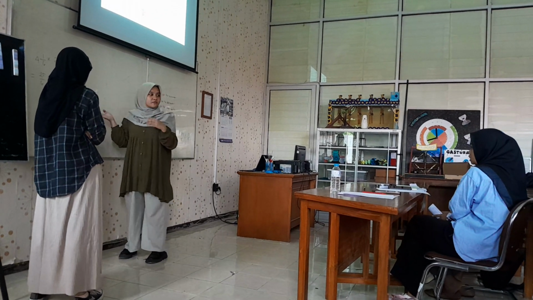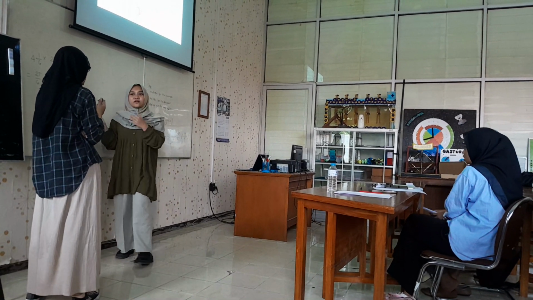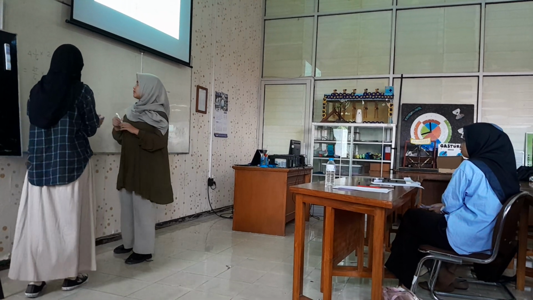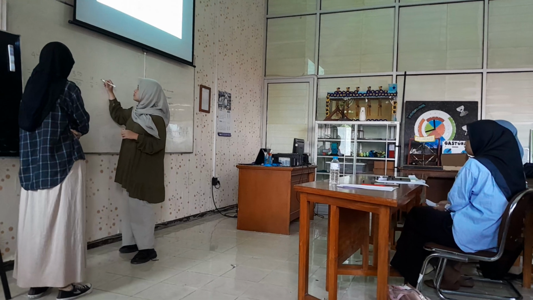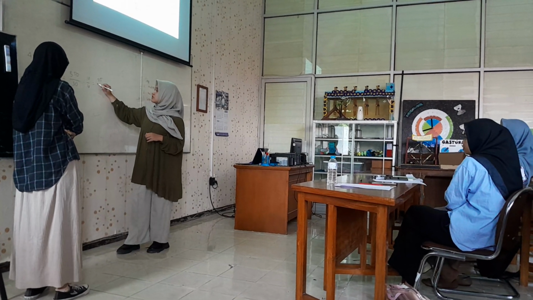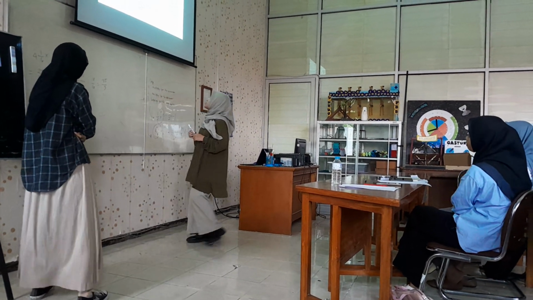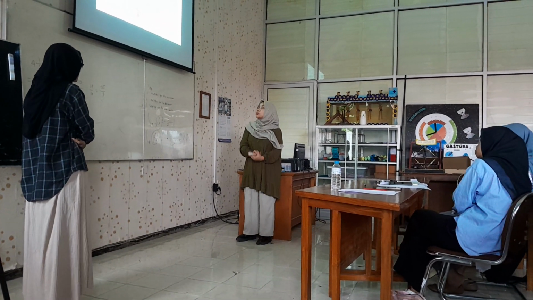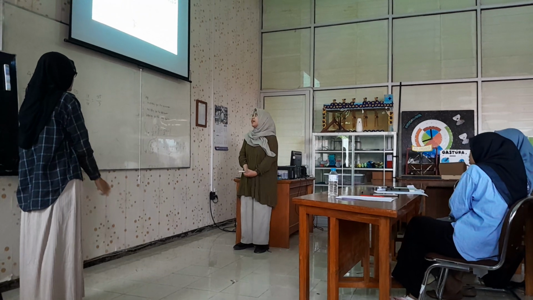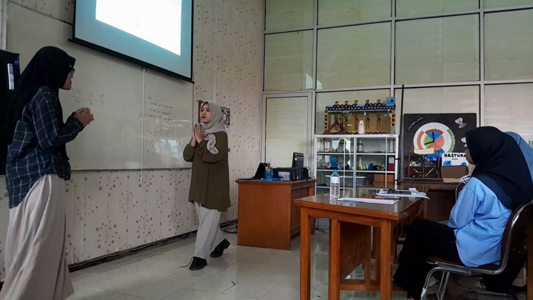Can we simplify that one? How? Divided by 10. So the result is 35/3. So the answer in that PPT, is that true or false? False. Okay, applause for Lulu.